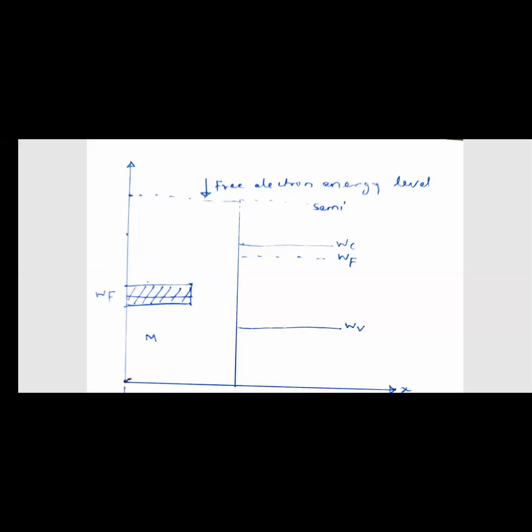Now the major thing here is that I have drawn a dotted horizontal line on which I have written free electron energy level.